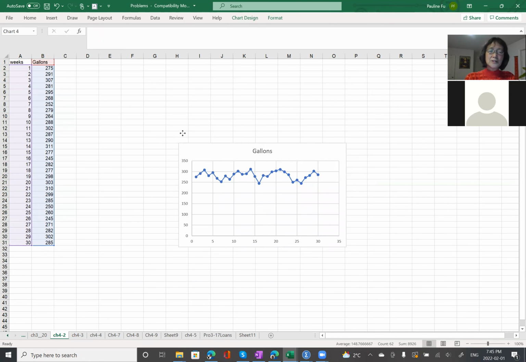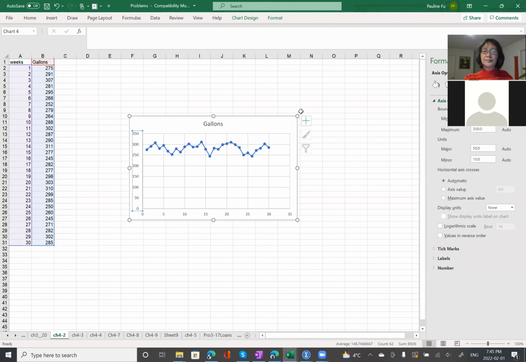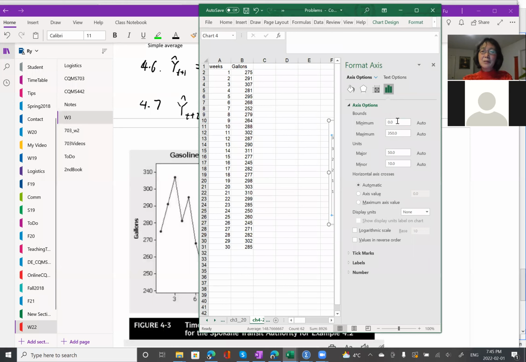If you want to change the y-axis minimum and maximum value, you can see the pattern more obviously. For example, I want to change the minimum value to 240, maximum value to 310. So you double click this y-axis here, and you have this minimum value.